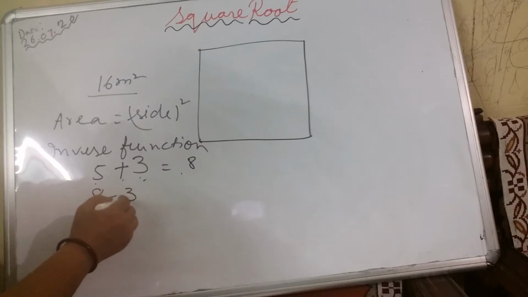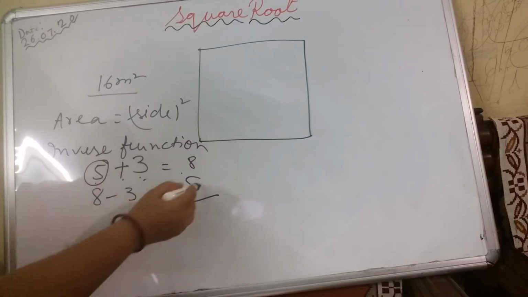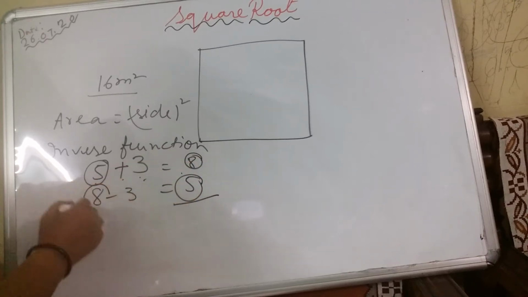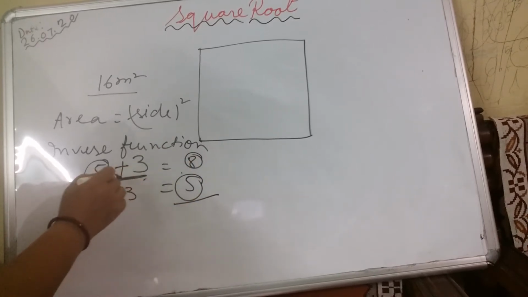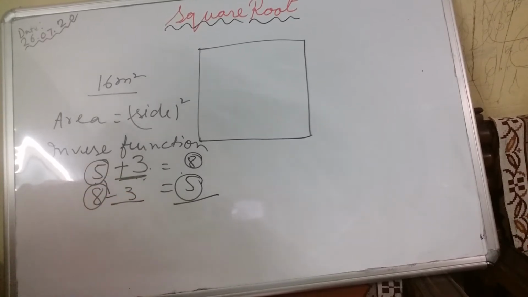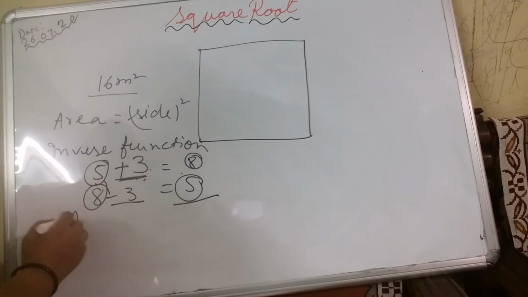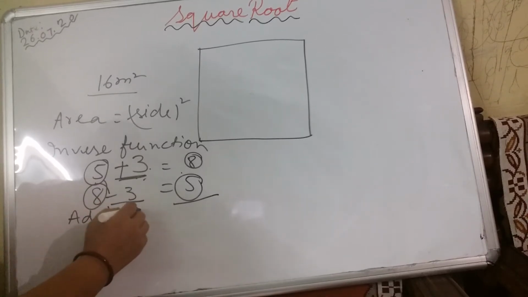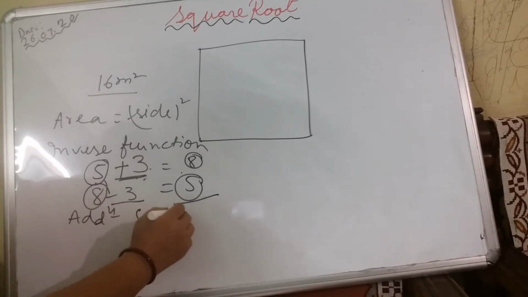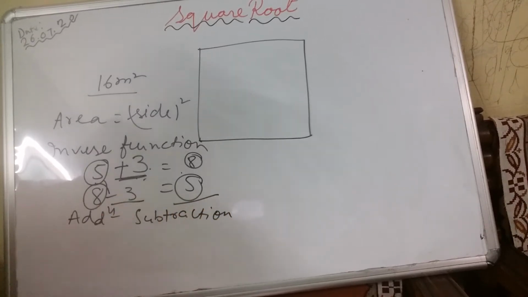You will subtract 3 and you will get 5. So this 5 and 8, these are fixed. Only in case of this you are adding, and in here you are subtracting. So we can say that addition and subtraction are the inverse or opposite operation.